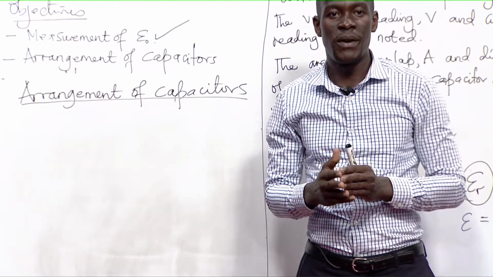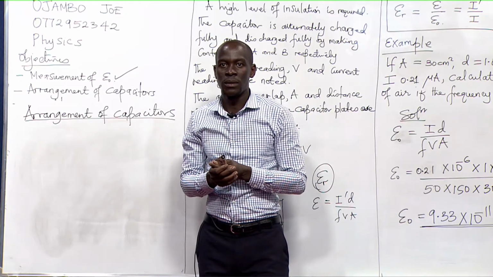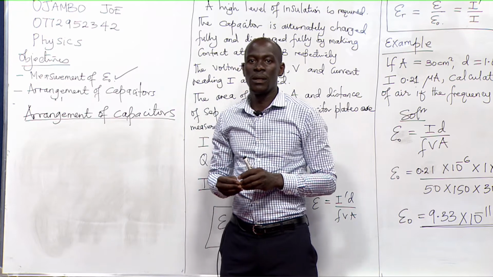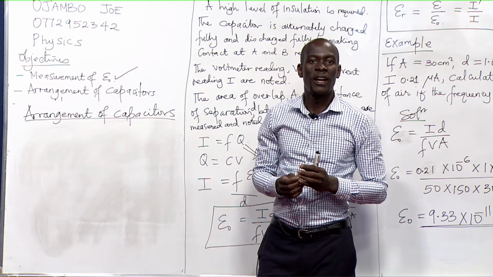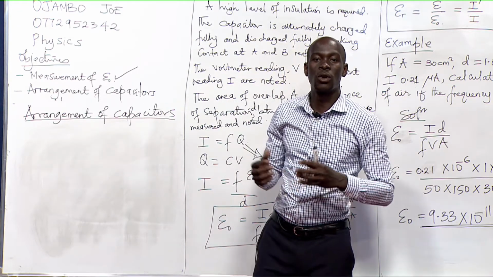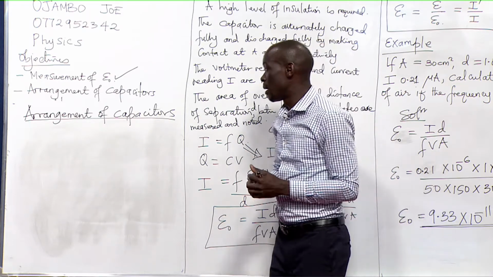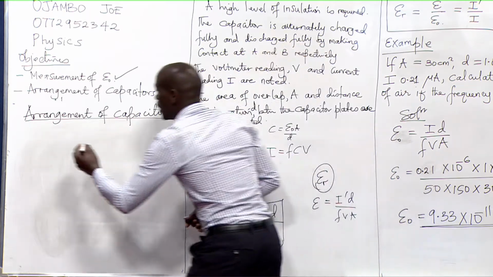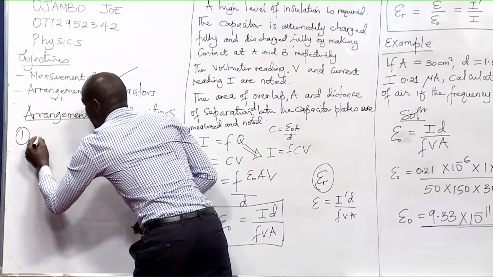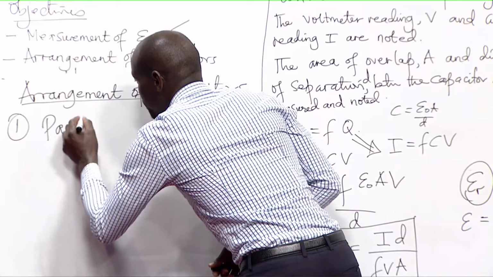We can have them arranged in series, we can have them arranged in parallel, or they can even be arranged as a combination of both series and parallel. Let us start with parallel arrangement or parallel connection.